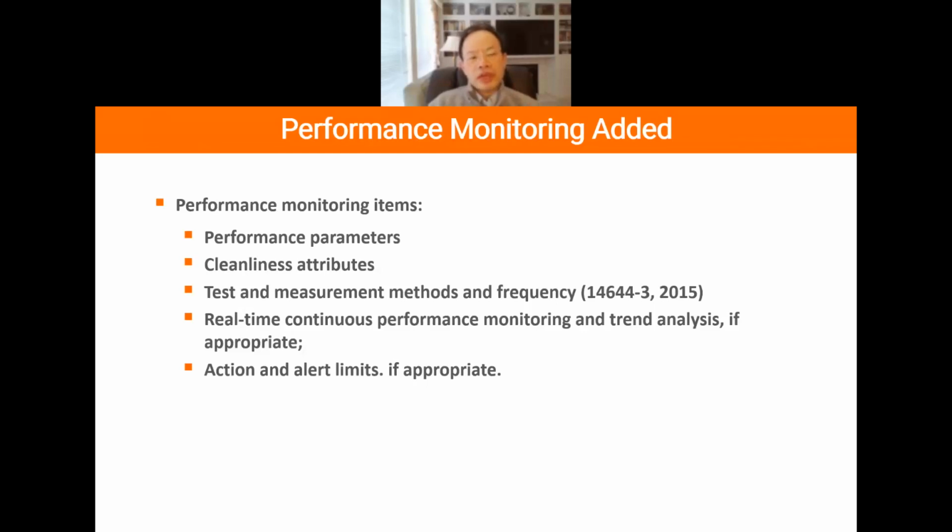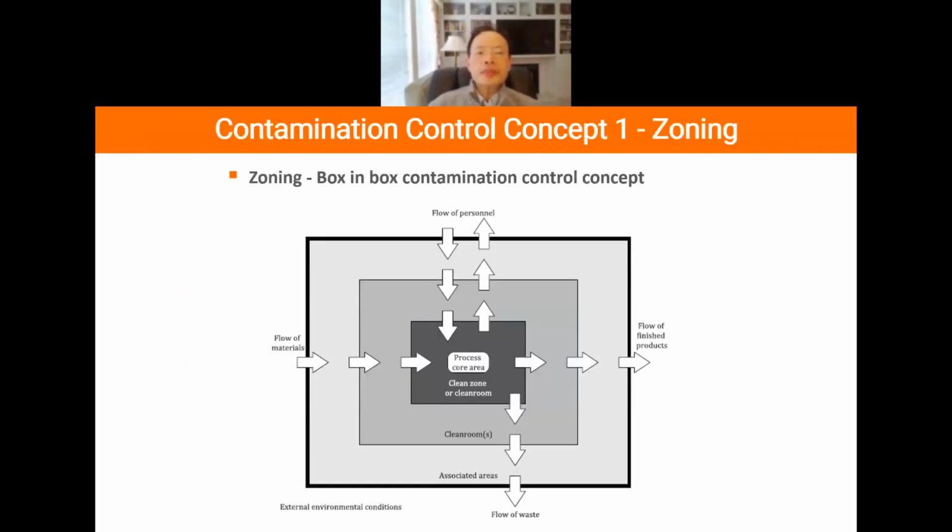Since you do continuous monitoring, you can also do trend analysis. You can look at, on a daily basis, your particle concentration and its change profile. That provides more information for performance and quality control.